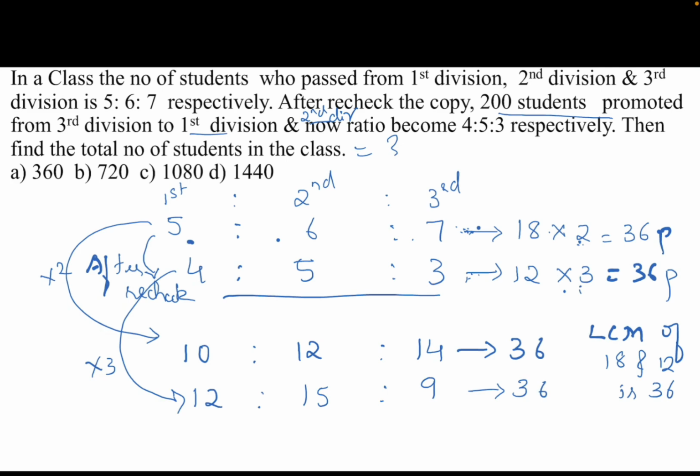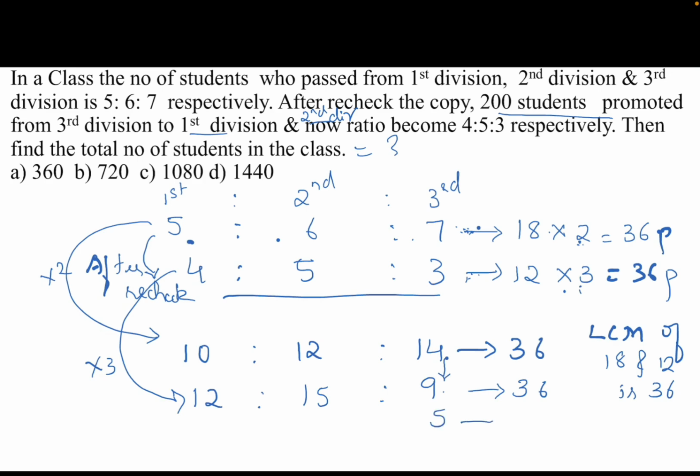Now they are asking the total number of students, but they have given us that 200 students were promoted from third division. From third division initially the ratio was 14. Now after recheck the ratio became 9. So how much did it decrease? From 14 to 9 it decreased by 5 parts.